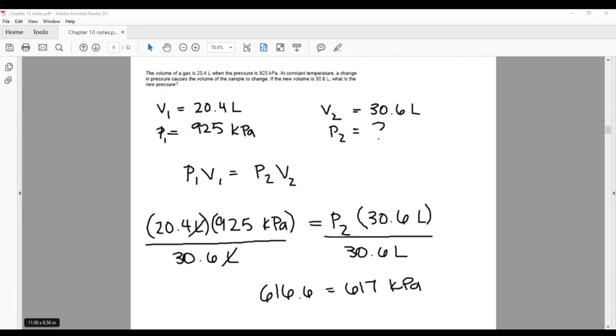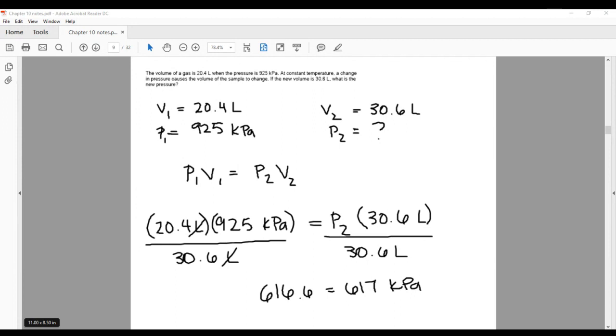So the volume here is 20.4 liters when the pressure is 925. So that's going to be our V1 and P1: 20.4 liters and 925 kilopascals. Then they tell us that our new volume is 30.6 liters. They want us to solve for our new pressure.